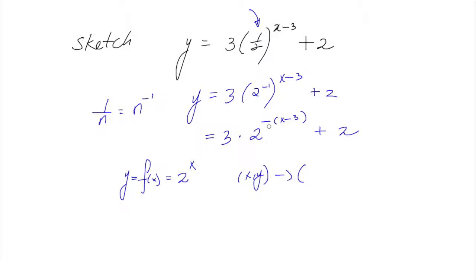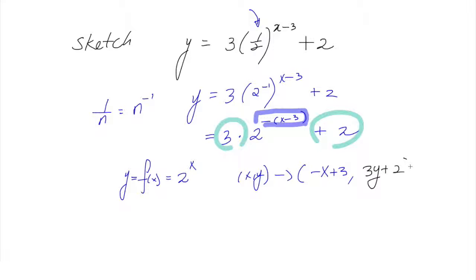It's only affected by this part here, and everything happens opposite. It's multiplied by negatives. We have to divide by negative, which is the same thing. So we have to multiply the x by negative, and then it's subtracted by 3, so we have to add 3. And then the y is affected by what happens after 2 to the power of x, so this and this. So we get 3 times y plus 2.